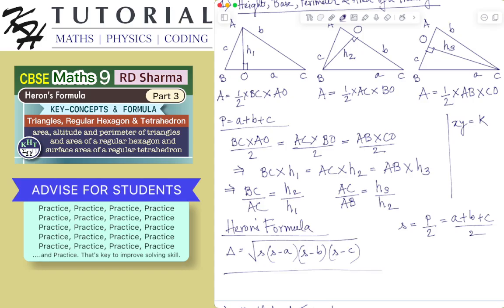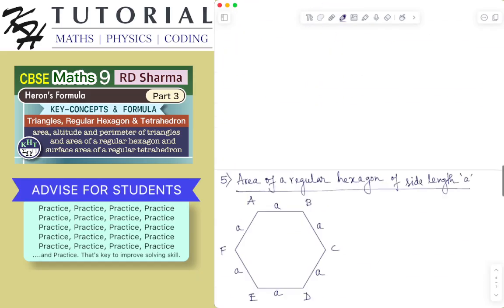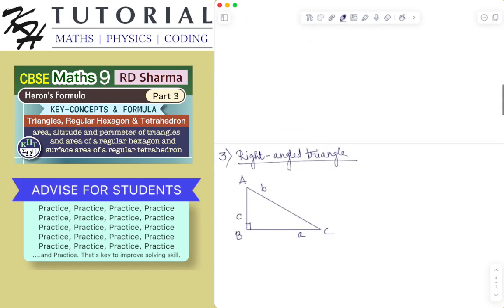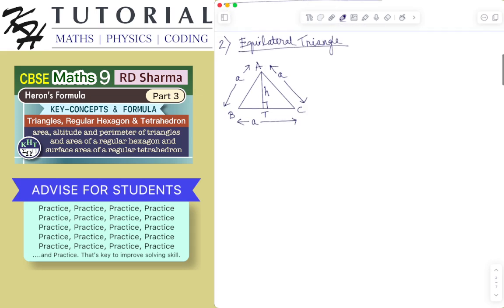Now let's see what will be the area, perimeter and altitudes of special kinds of triangles. Let's consider an equilateral triangle where the length of each side is small a.